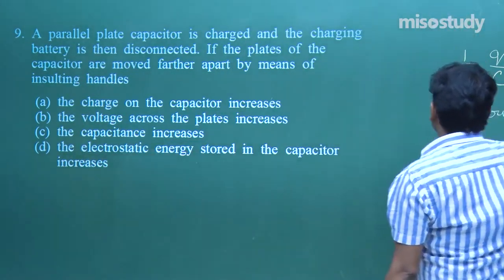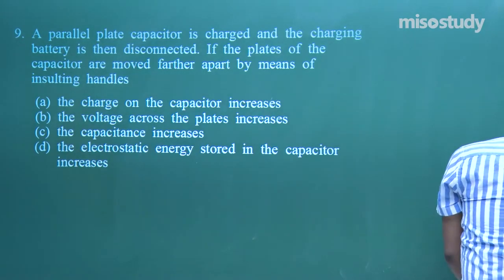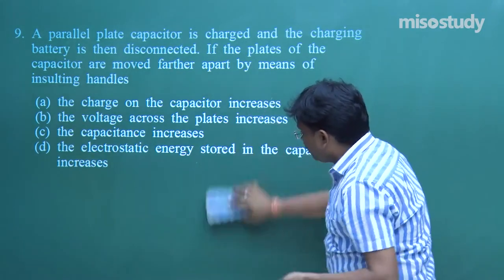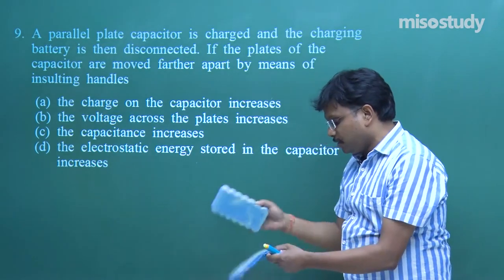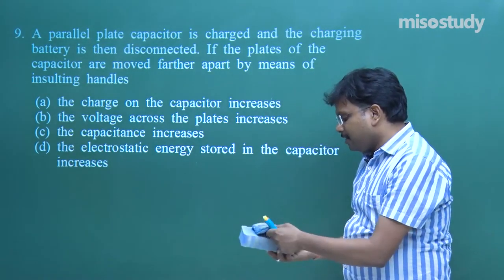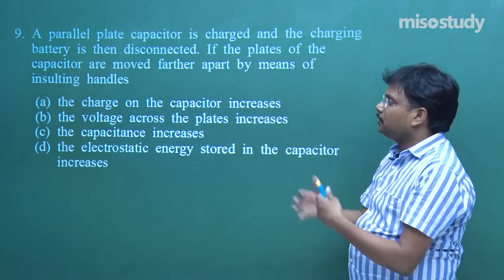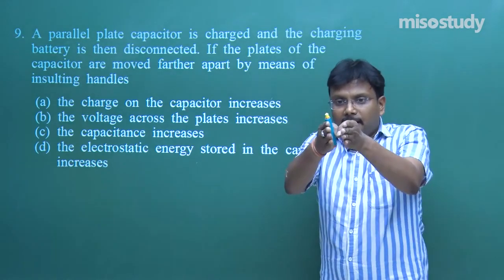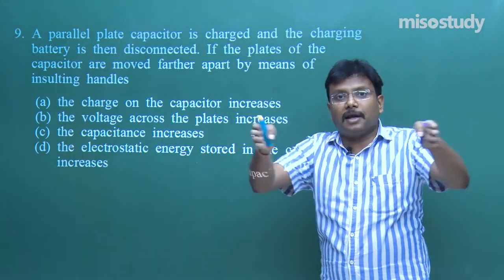The question was not very difficult, but it was associated with a lot of understanding of the concepts. My simple request to all of you is to kindly revisit this question, assuming that the battery is connected and then plate separation or closing is taking place.